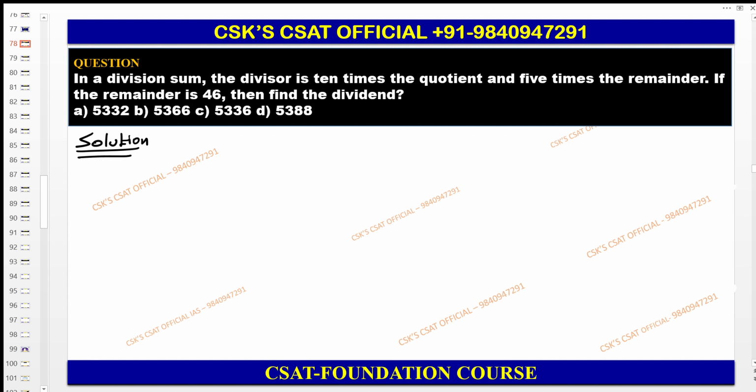In a division sum, the divisor is 10 times the quotient and 5 times the remainder. The remainder has been provided. You need to find out the dividend. So first of all, take the data which are provided here.